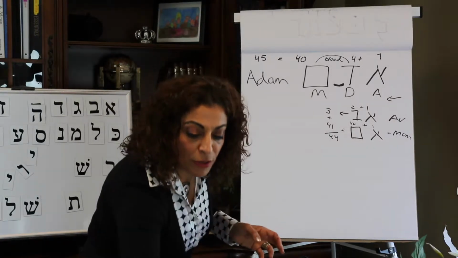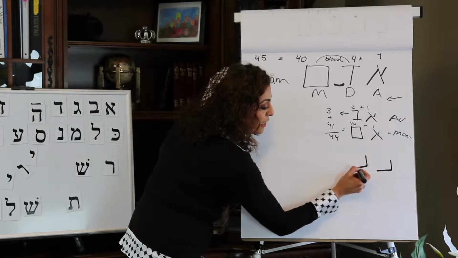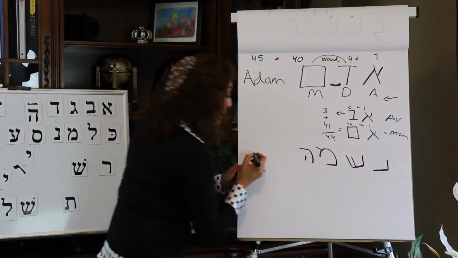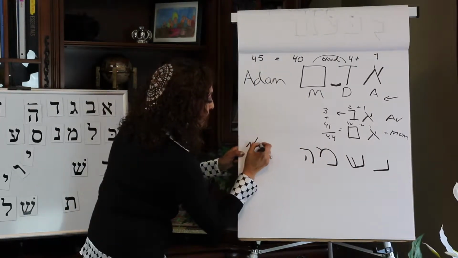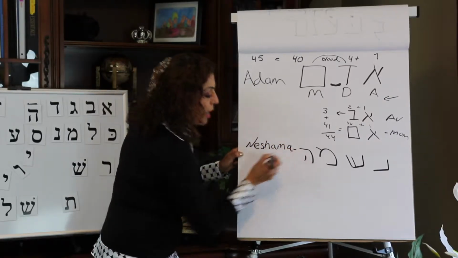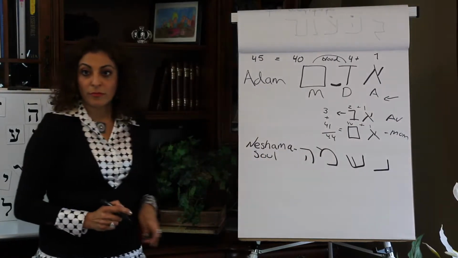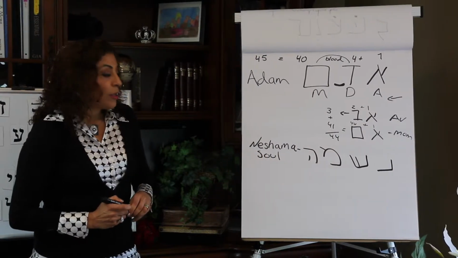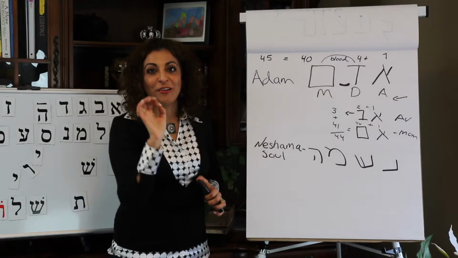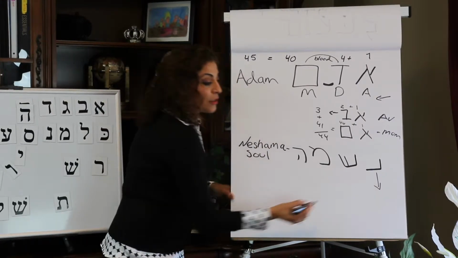So let's talk about the word neshama for a second. The way you write it is ne-sha-ma, and the way you say it is ne-sha-ma. Okay? And it means a soul. Now, what does it really mean? The nun, and you will see it.